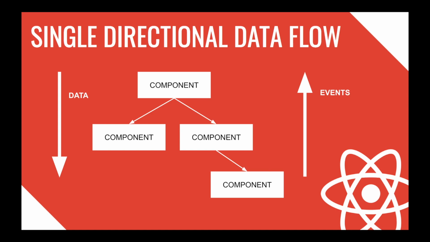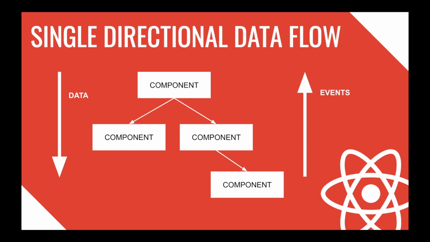Components do not modify the data they receive via props. They only listen for changes. The view is a result of the application state, and state can only change when actions happen. When actions happen, the state is updated. That's how it works.